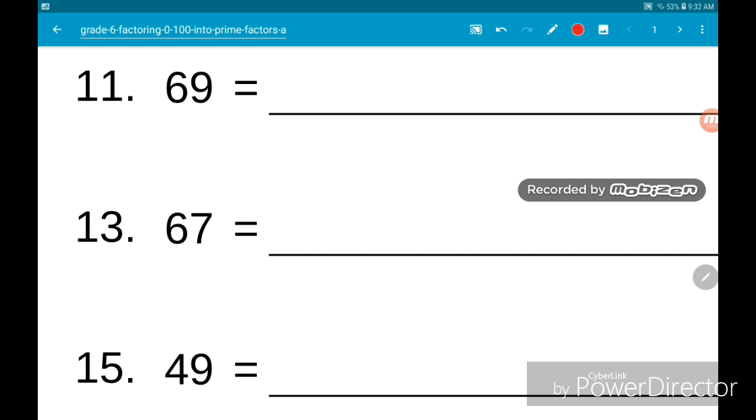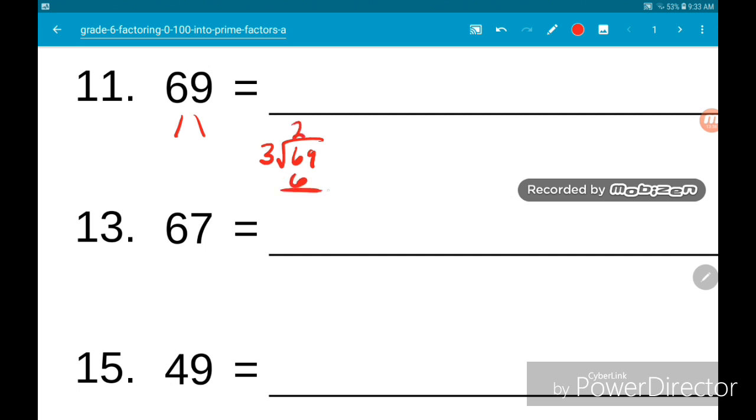Okay, these two numbers, if I add the number 6 and the number 9, what does it come out to be? 15. Is 15 divisible by 3? Yes, so that means I'm going to try 3. Does 3 go into 69? It goes in twice here.